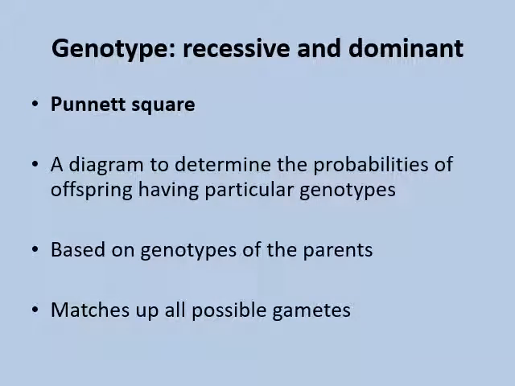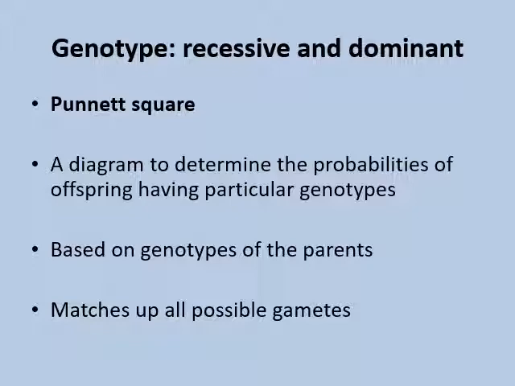Okay, so the way that we determine the probabilities of offspring that'll have particular genotypes is we do a Punnett square. And it's based on the genotypes of the parents, and then it matches up all the different possibilities of the gametes that you can produce, okay? And to some extent, you can do this with yourself, with your family, right? But it's not always super easy because a lot of phenotypes are controlled by multiple genes.